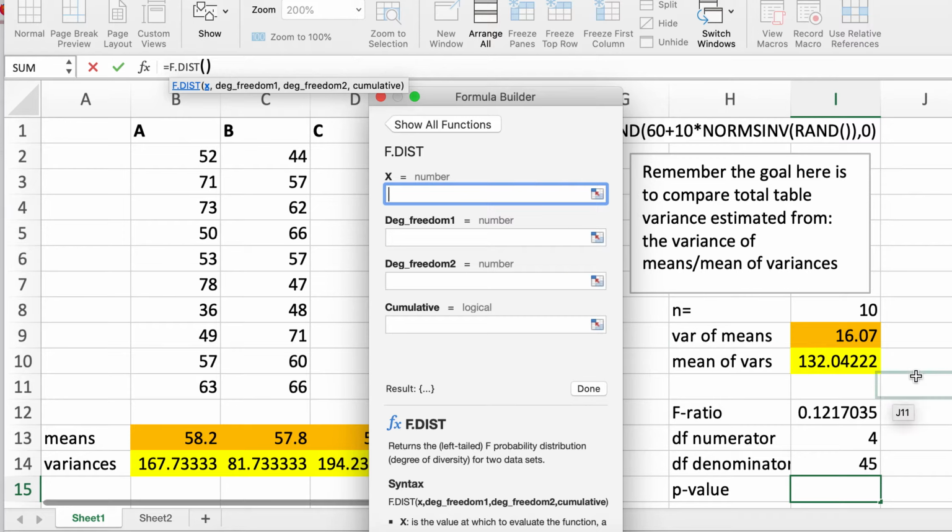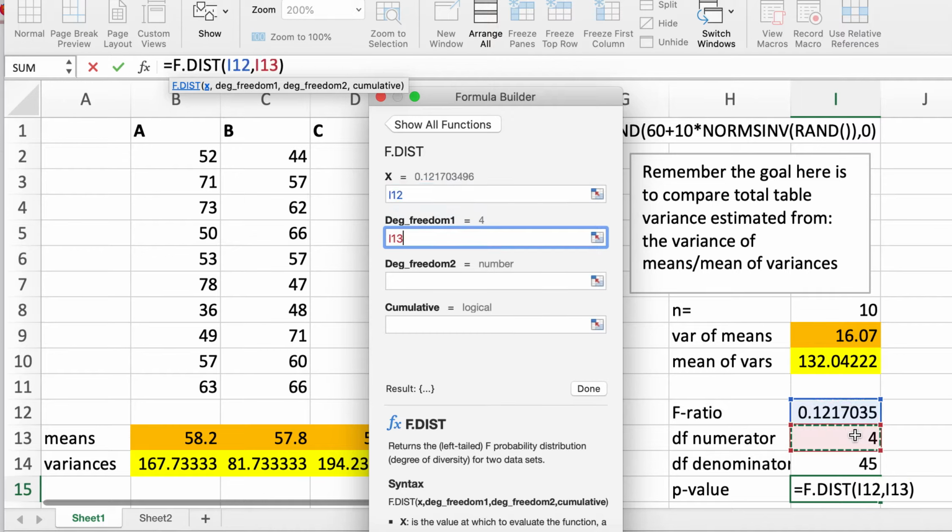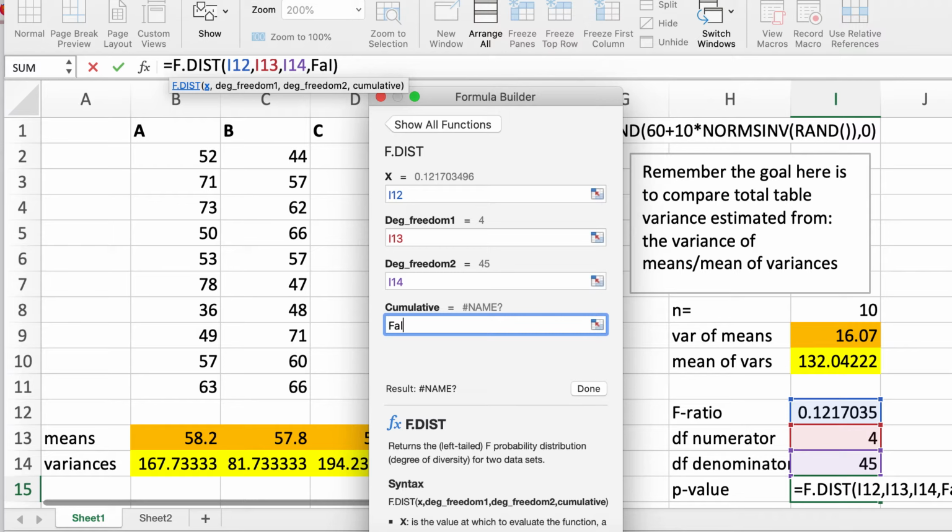It wants the degrees of freedom for the top, that's the numerator, and the degrees of freedom for the denominator. The cumulative is a logical function, and we're just going to write false in here. I can show you what that means in class later.